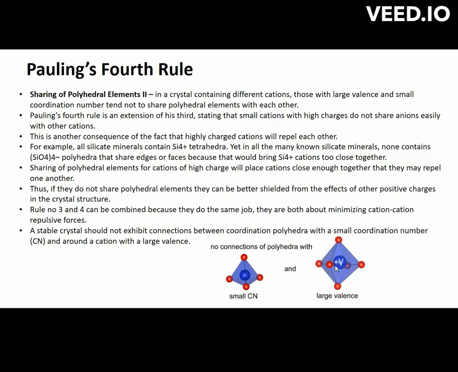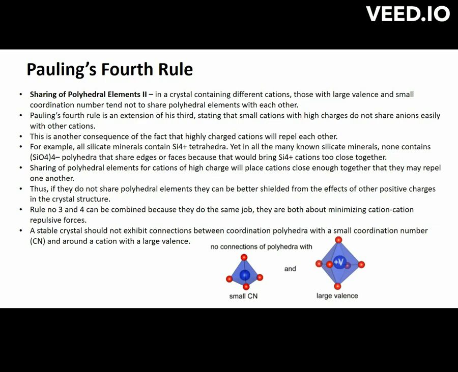So this is the fourth rule. It's about no connection of polyhedra with small coordination number and large valence.